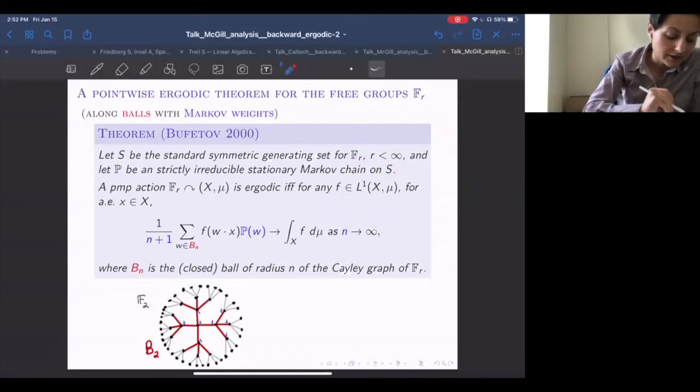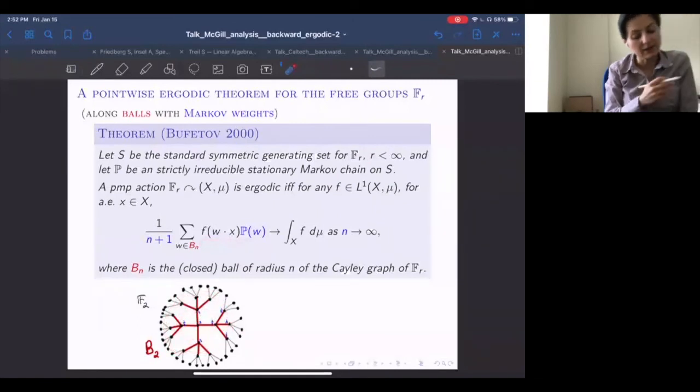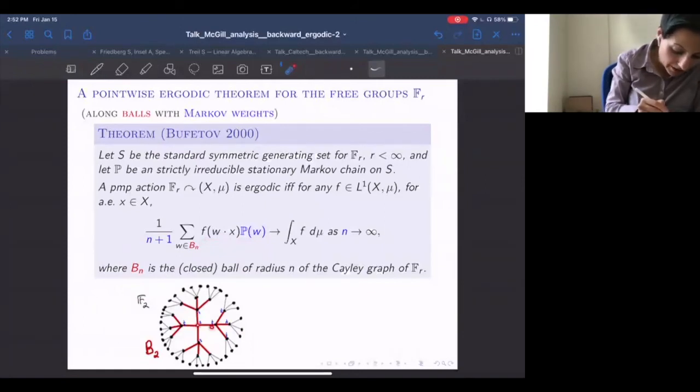A PMP action of the free group is ergodic if and only if, again, for any L1 function f, if you take the averages of this function along the ball of the free group, just like in the Grigorchuk-Nevo theorem, but now the ball is weighted by this Markov chain, okay? It's a special Markov chain.